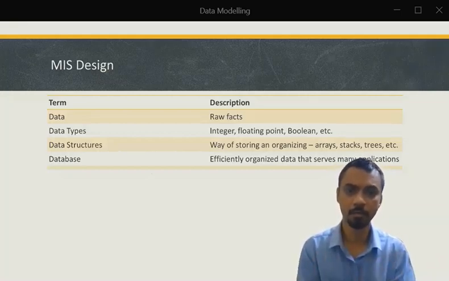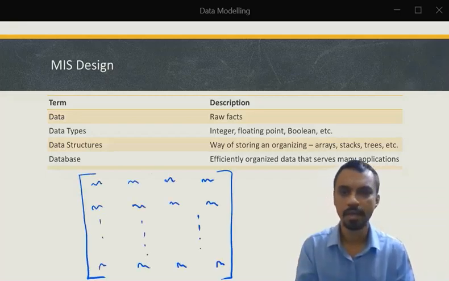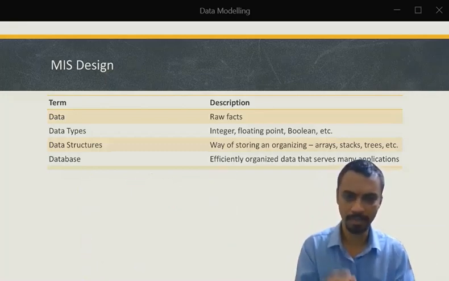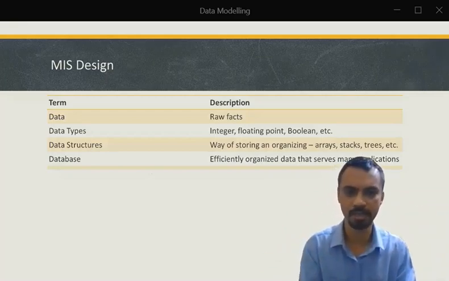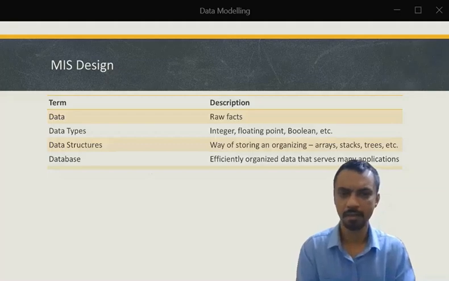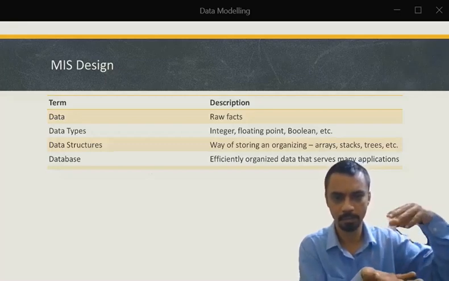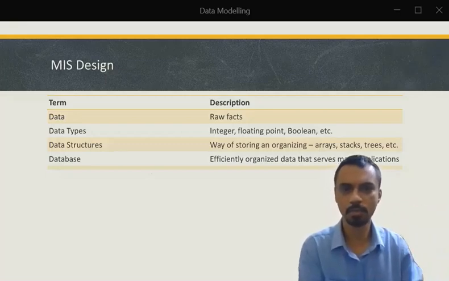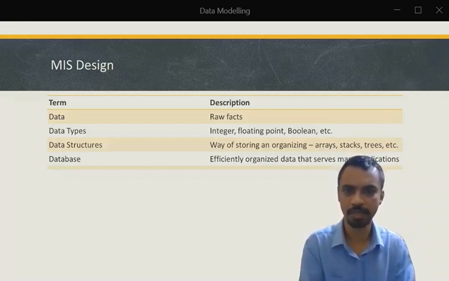But then there are other more innovative ways of storing data. For example, arrays, which can be a 2 by 2 or an n by n matrix, and then it can also be multidimensional. It need not be a two-dimensional table. It can have a depth. It can have multiple dimensions as well. Stacks, which is when you lay one on top of another, and the topmost item is easy to access, and to access the bottom items, you'll need to first remove the top item and then see what comes next.